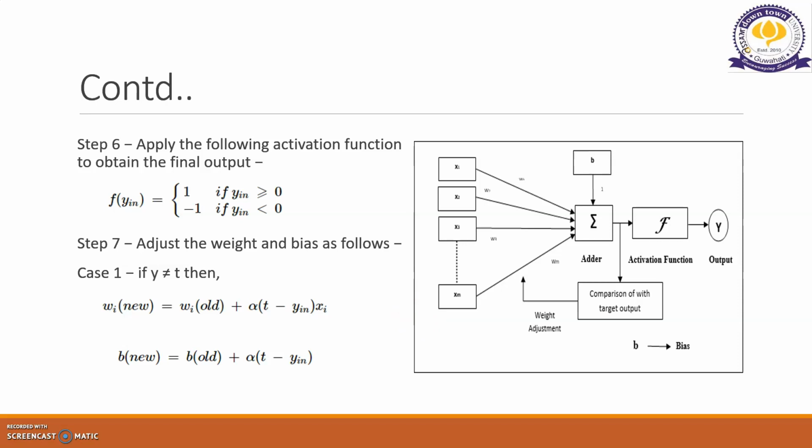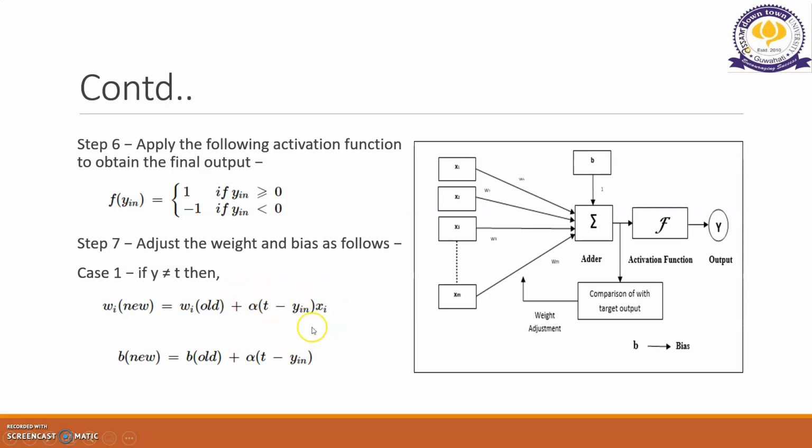The main goal of training is that the output value is as close to your target value as possible. So in case 1, when your target value is not equal to the computed value, you need to update your weight and the bias.